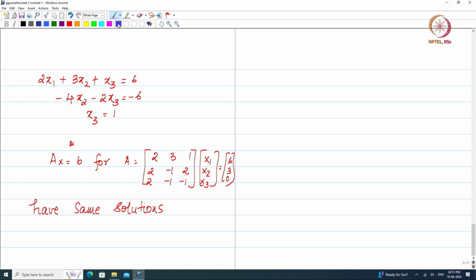Such systems of equations for which the solution set is the same are called equivalent systems.